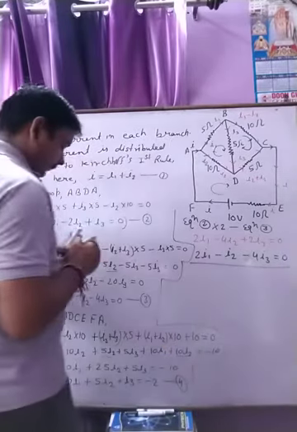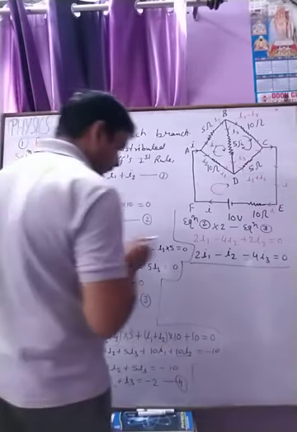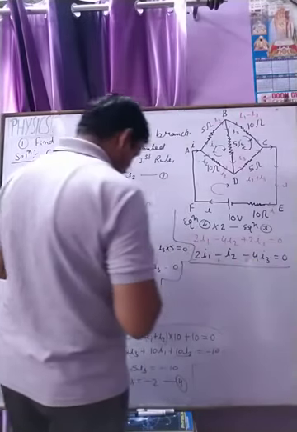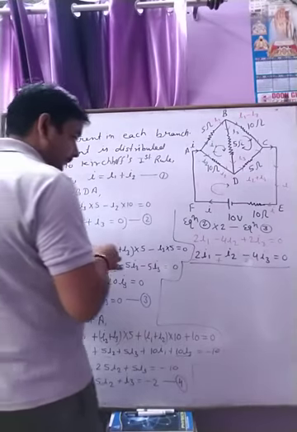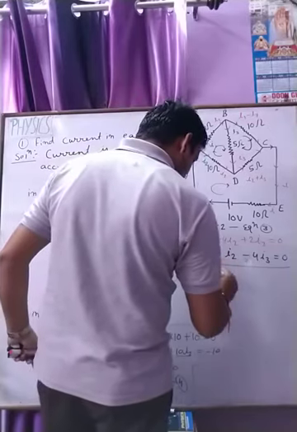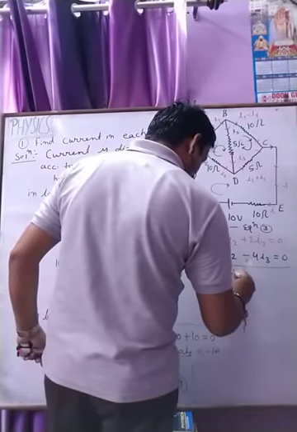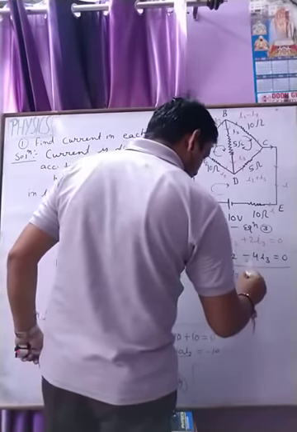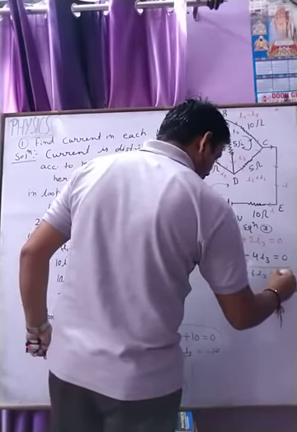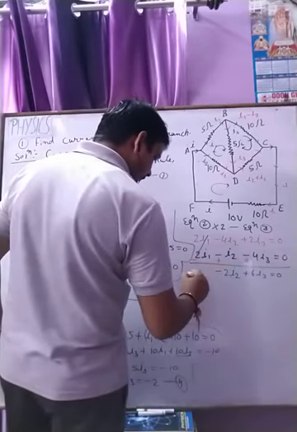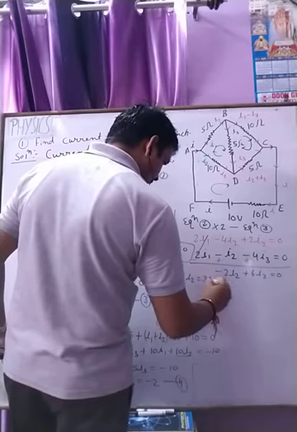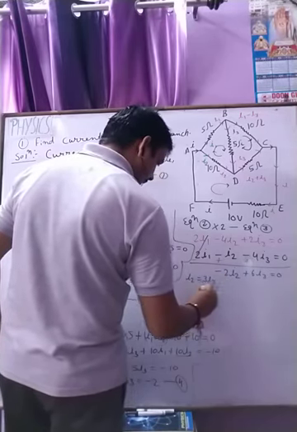On solving, negative plus plus, this cancels, and we get minus 2I2 plus 6I3 equal to 0. Therefore I2 equal to 3I3.